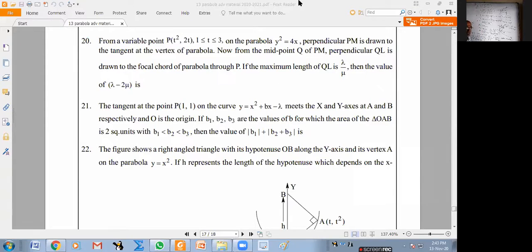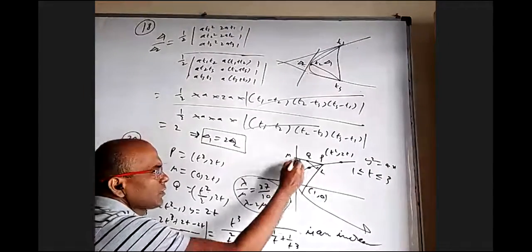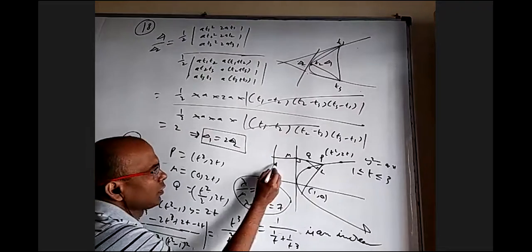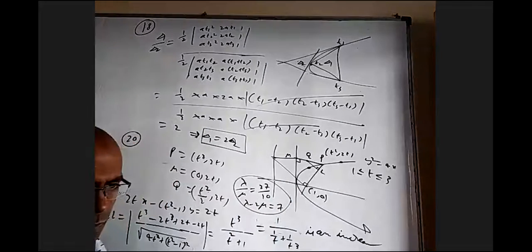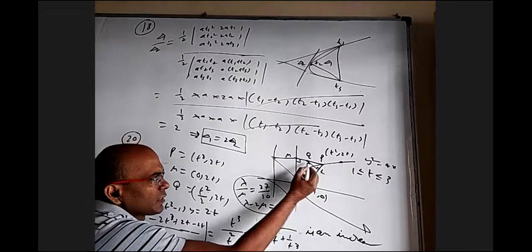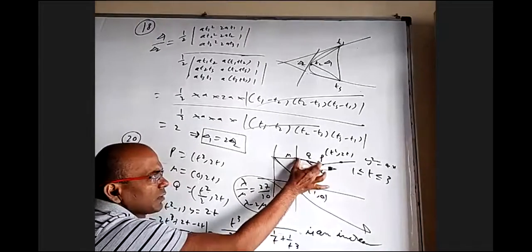Something else I was thinking, which I did not write explicitly: if I go to the directrix here, I know the foot of this is the focus itself, because that angle is 90, we know that property. So now the advantage is this length is 1/4 of this length, because this is the midpoint.